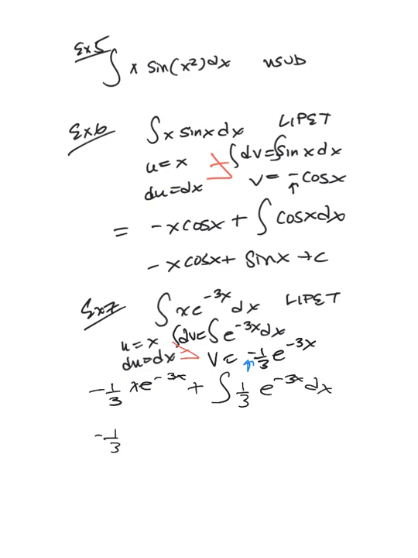So I get negative 1/3 x e to the negative 3x. Now here's where you need to be careful. When you integrate e to the negative 3x, it's e to the negative 3x divided by negative 3, which makes this a negative 1/9, kids, plus c. So you have to think ahead a lot of times.